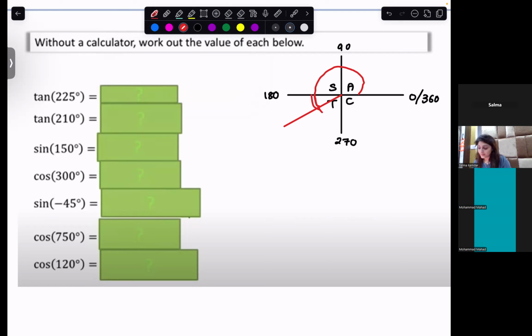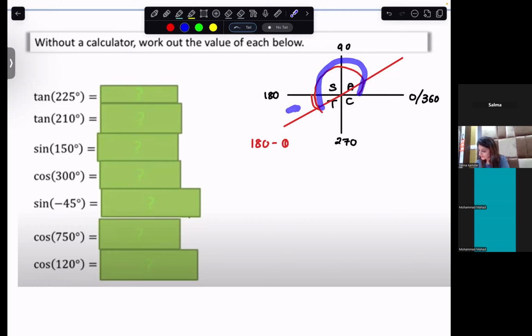Are you with me? So it is going to be 180 plus theta, and this is going to reflect over here. Here I want to find this value, and this is entirely 225.